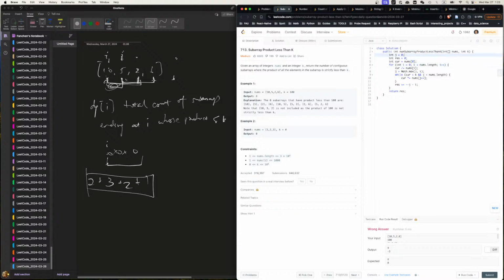Maybe the confusion happens because of this. Let's say, put J at 1. Okay, I is going to start from 0. And then current is that. Okay, then J is good.